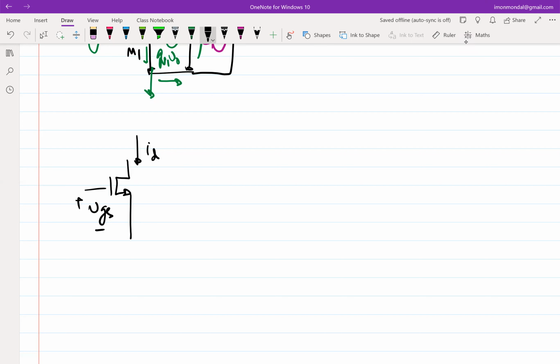If this is my input and this is my output, it's a voltage controlled current source, right? Great.